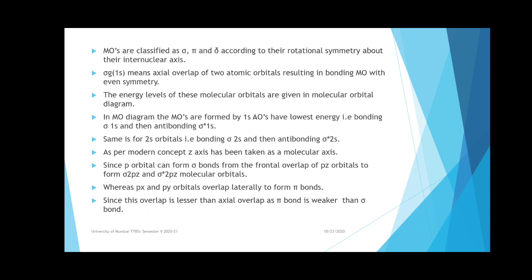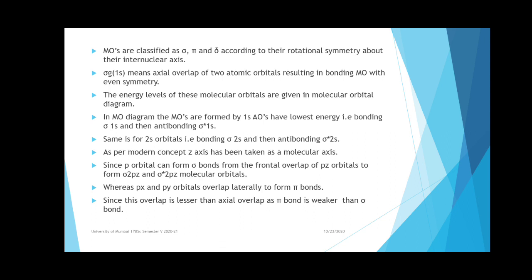Now the p orbital can form sigma bonds from the frontal overlap of pz orbitals to form a sigma 2pz orbital as well as a sigma star 2pz molecular orbital, whereas px and py orbitals overlap laterally to form the pi bond.